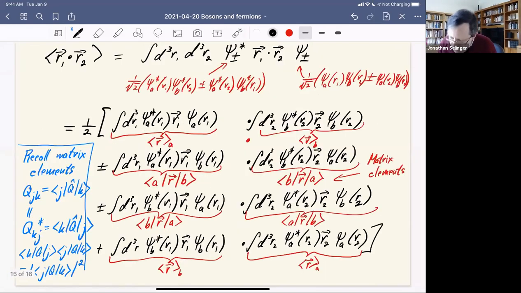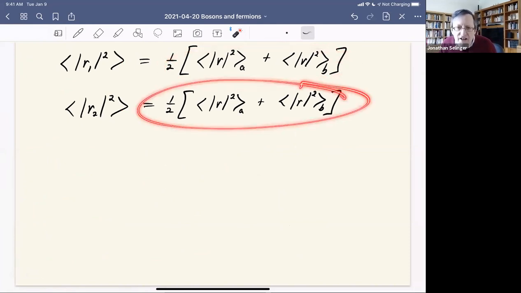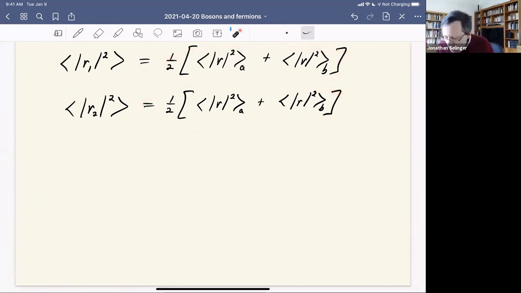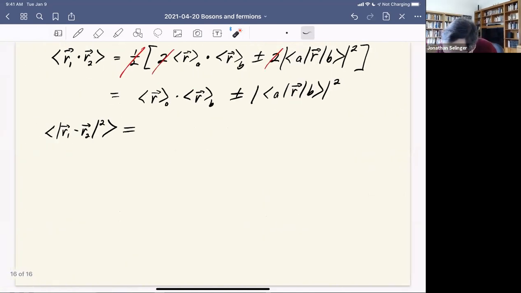We figured that out before. So it's this thing plus the average of R2 squared, this thing. Those are identical to each other. So that's the average of R squared in state A plus the average R squared in state B.